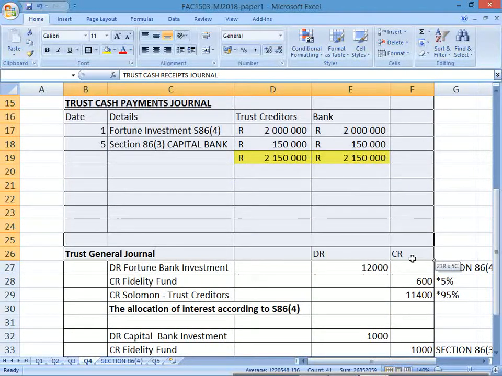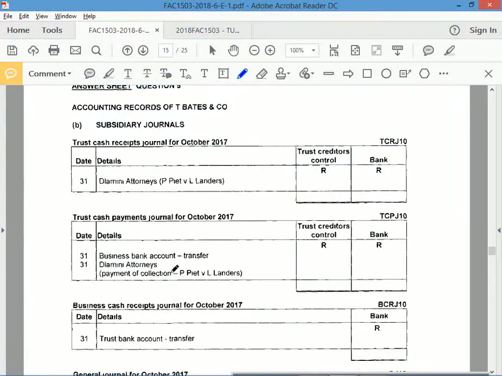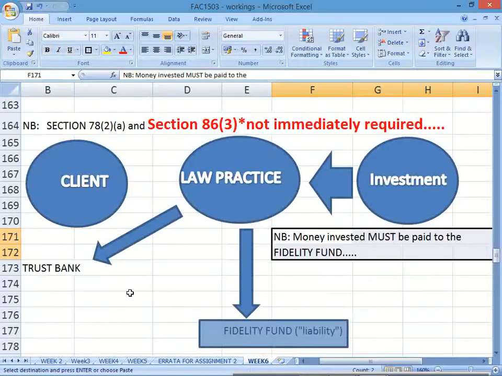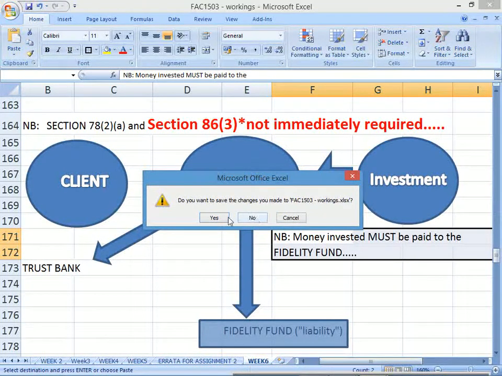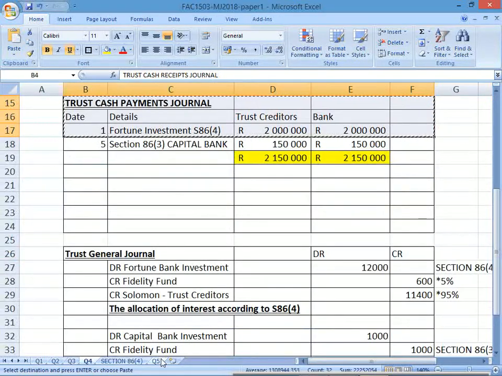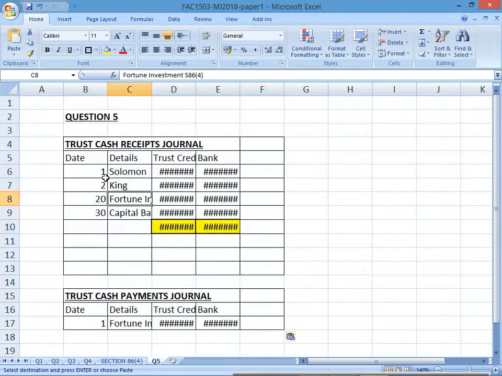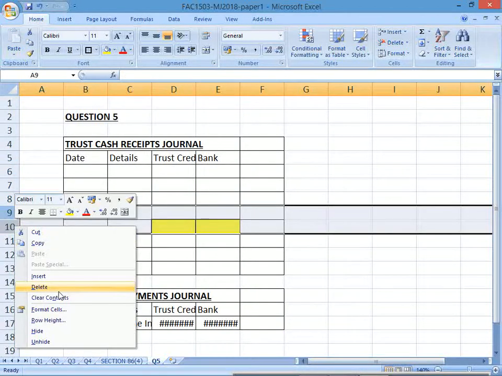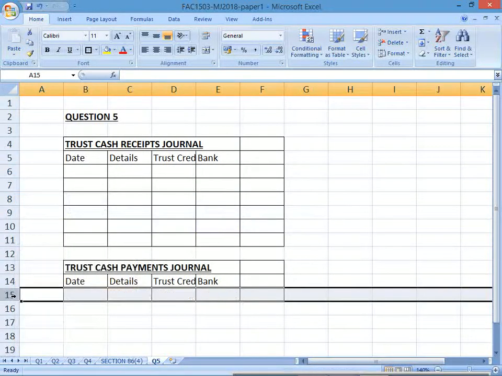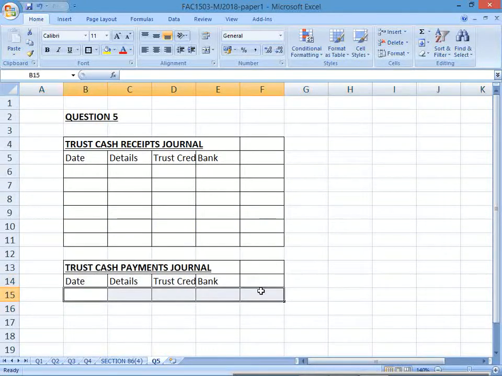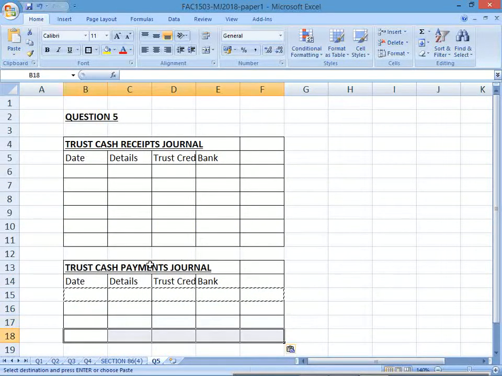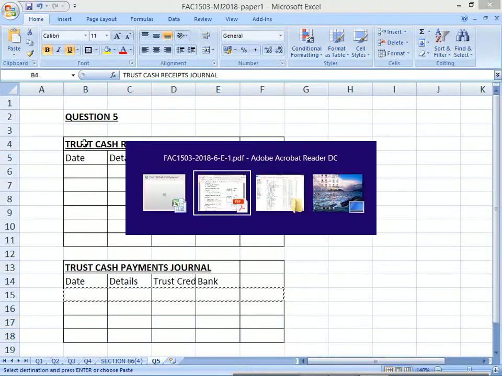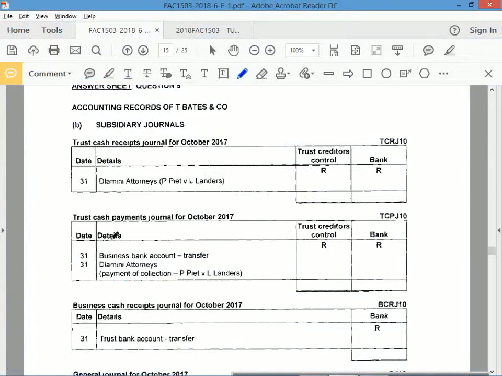Can I copy this as well? Not. So just the first two. Just need these two. So there's the trust cash receipts, trust cash payments.